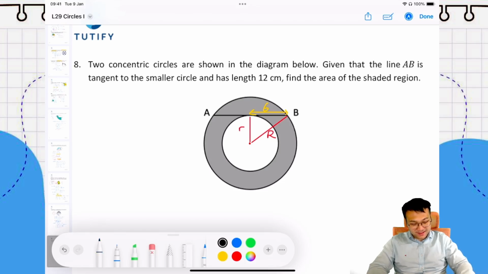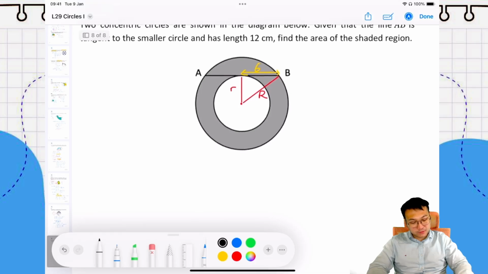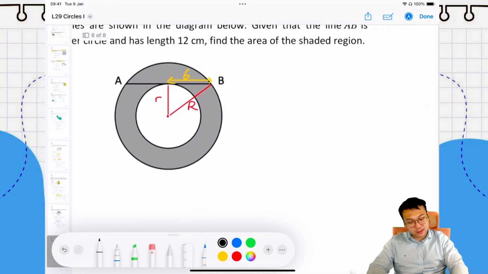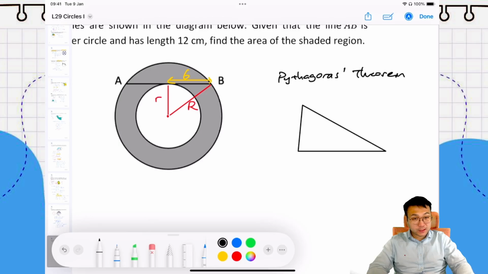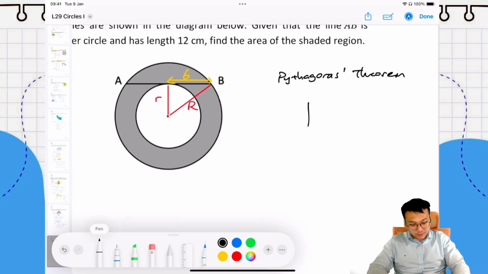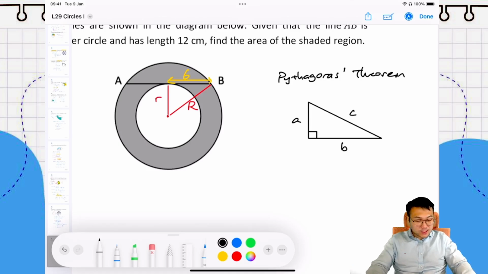Now everyone, before we move on, let me revise. What is the Pythagoras theorem? Pythagoras states that when you have a right angled triangle, the two shorter sides are A and B, the longest side is C. What is the relationship between them?